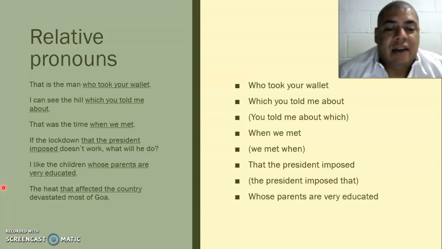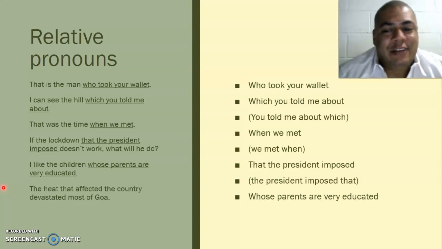Whose parents are very educated. Now, this is a peculiar case. You see, the word whose shows possession, right? So, I want to ask you, what is the antecedent for whose in the sentence?